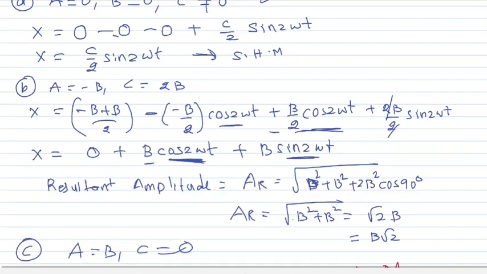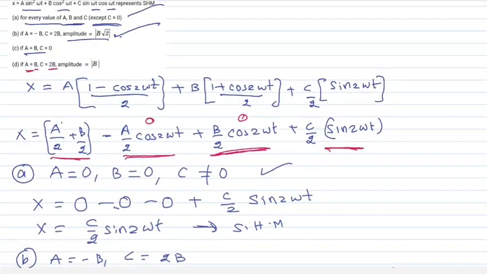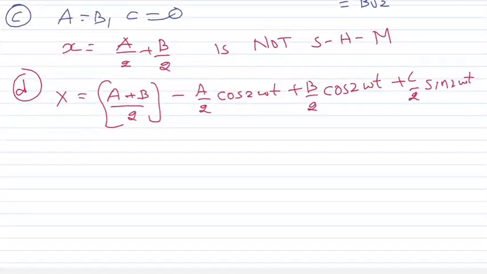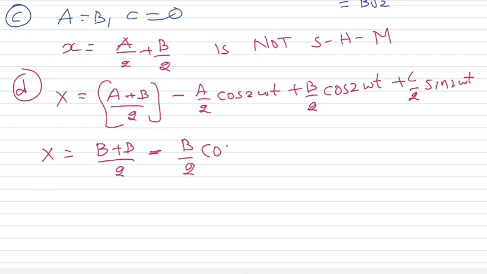So here the values of A and B are equal. A is equal to B and C is equal to B. Let me take A is equal to B here. X is equal to B plus B by 2 minus B by 2 cos 2 omega t plus B by 2 cos 2 omega t plus, in the place of C I can take 2B, 2B by 2 sin 2 omega t.